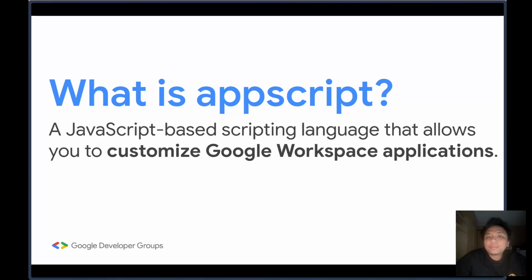AppScript is a JavaScript-based scripting language that allows you to customize Google Workspace applications. If you have encountered things on your Google Workspace like add-ons, you could actually build Google Workspace add-ons using AppScript. And other than that, you could also create custom functions and everything.